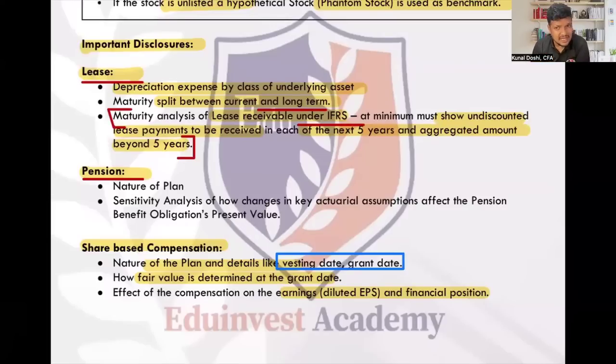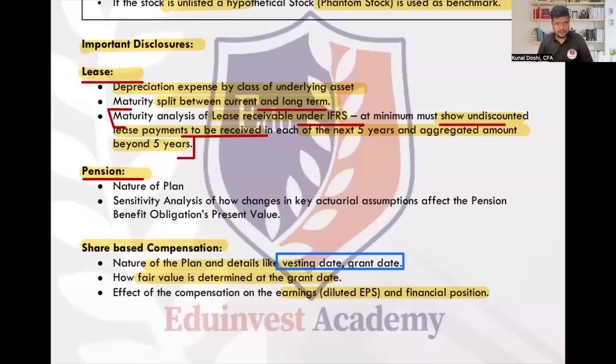That means for the lessor, a minimum of the undiscounted lease payments that you're going to receive in the next 5 years, each year's data I need, plus the aggregate amount for beyond 5 years. So let's say your lease contract is for 10 years: for the next 5 years I need the estimated lease payments, and beyond 5 years, whatever number of years you have, you need to give me a lump sum number. This needs to be added in the disclosure.